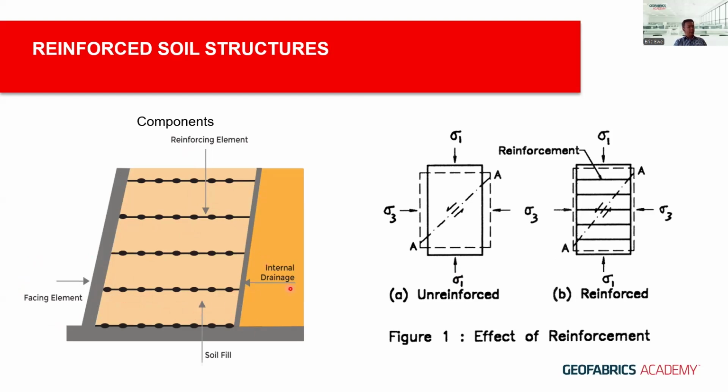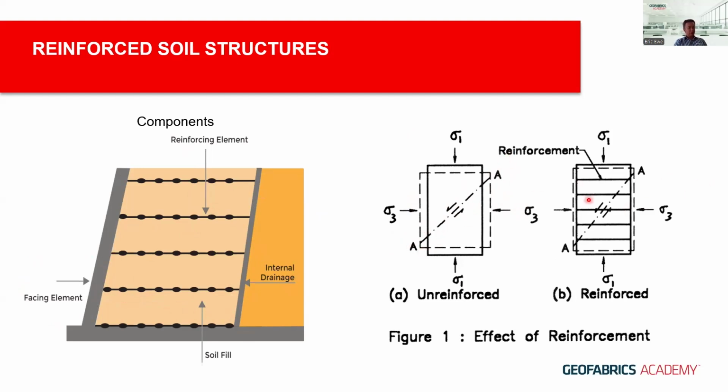The whole idea is when a soil is subject to load or under self-weight, it tends to fail at a certain slip plane, and in this particular case, plane AA, or a Rankine slip plane of 45 degrees plus friction angle over 2. That's the slip plane typically.